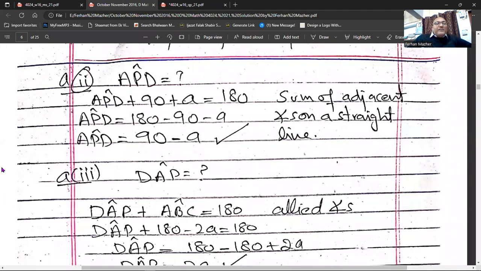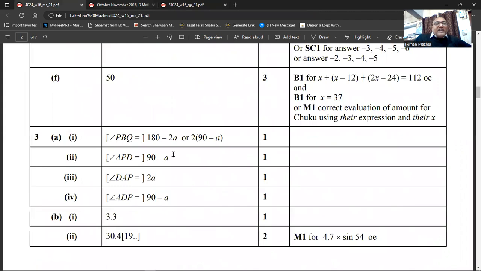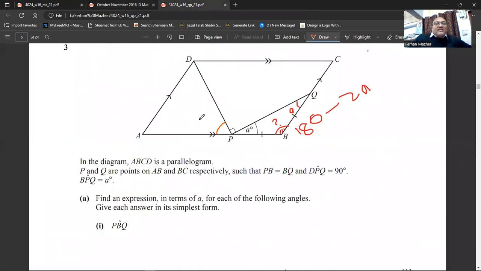APD plus 90 plus A will be equal to 180, so angle APD will be 180 minus 90 minus A, which is 90 minus A. The reason for this is the sum of adjacent angles on a straight line. So our answer is 90 minus A. You got this angle here.